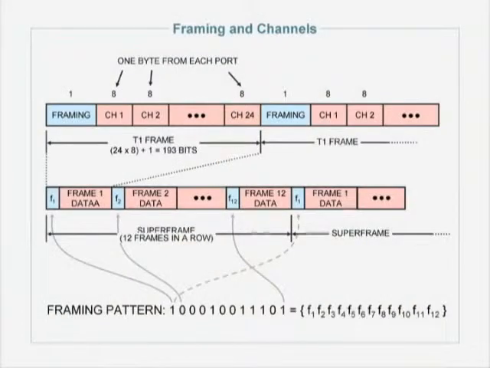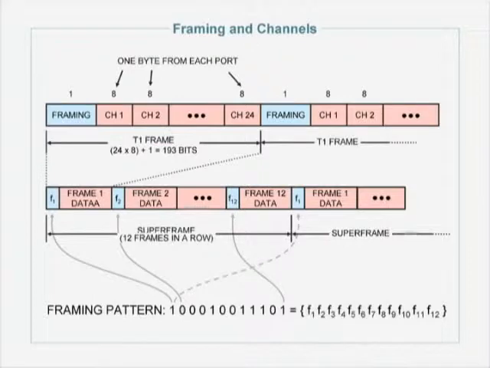If you wanted to draw a picture of what I've been speaking, you would probably end up drawing a picture that looks like this, where we've got little boxes with letters inside them and numbers above them, trying to represent the groups of bits on the T1 circuit in time. And what we have is a byte from each of the ports with a framing bit, 1 bit long, sitting in front of it.